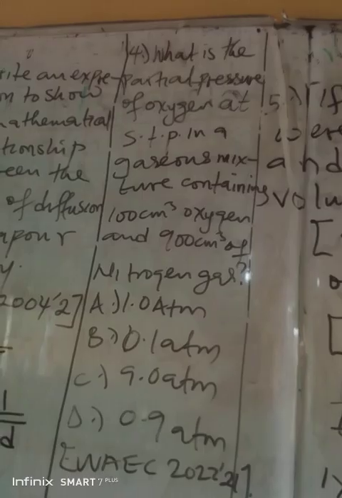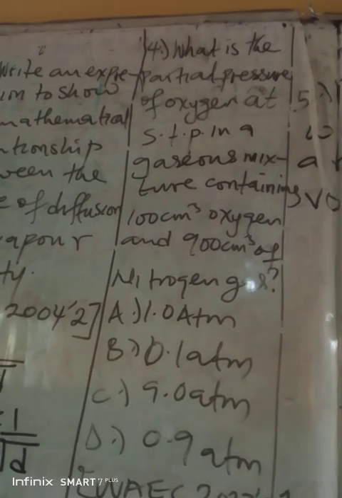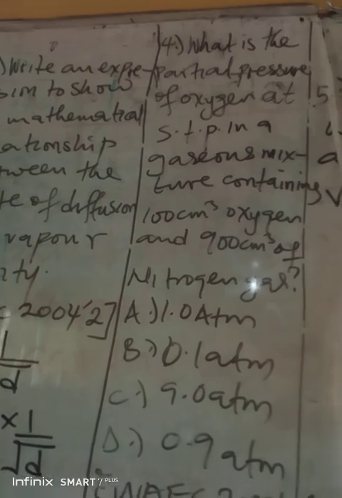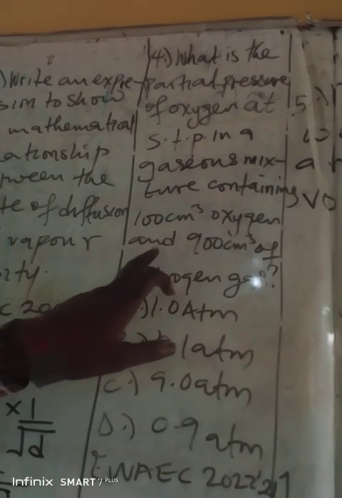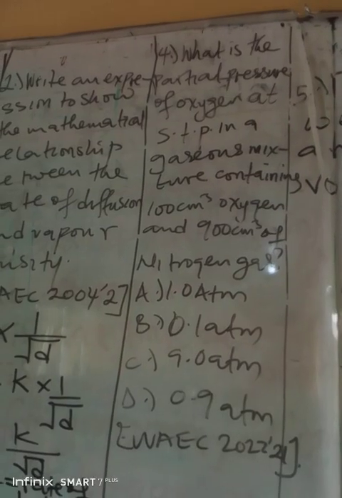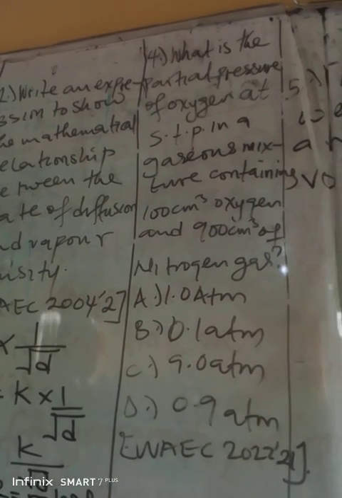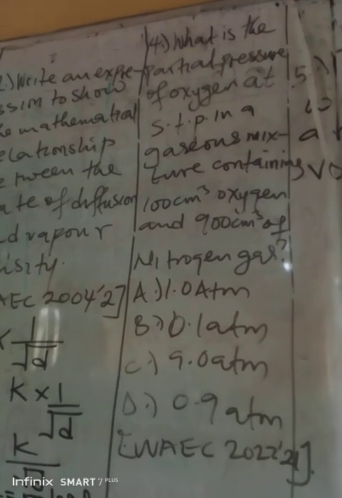What is the partial pressure of oxygen at STP in a gaseous mixture containing 100 cm³ oxygen and 900 cm³ nitrogen? The mathematical definition of partial pressure is what? Mole fraction times P total. You still remember?